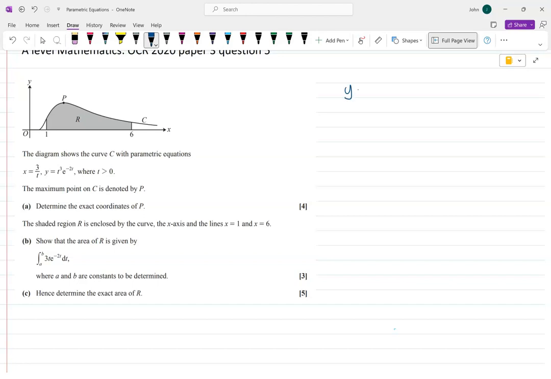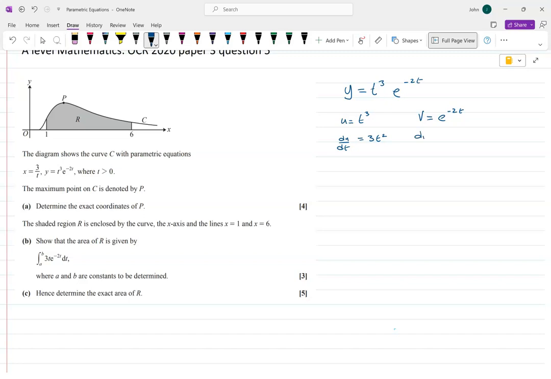So we've got y equals t cubed e to the minus 2t. It's a product, so we're going to need to use the product rule. So we've got u is equal to t cubed, so du by dt, or u dash, is equal to 3t squared. And v is equal to e to the minus 2t.